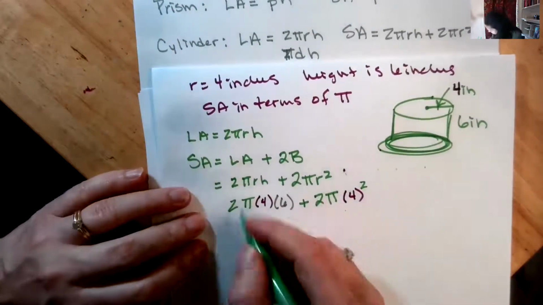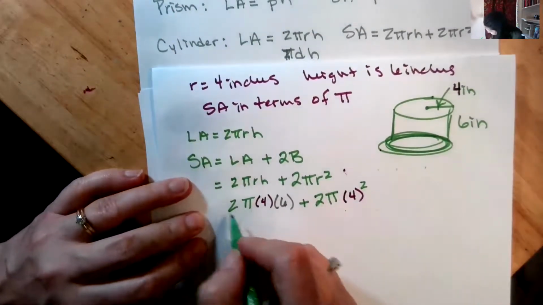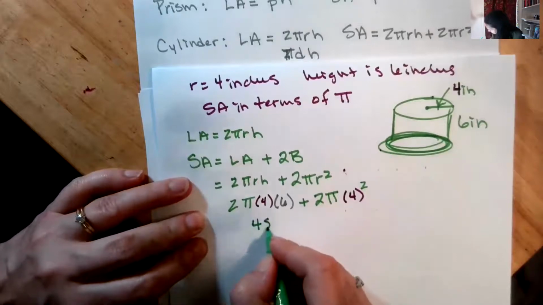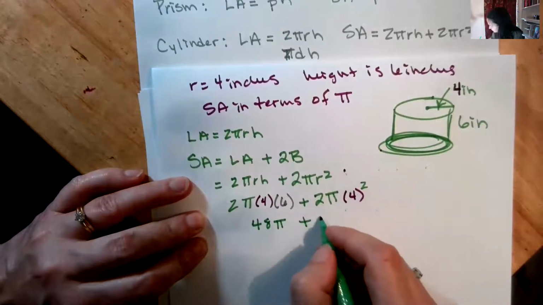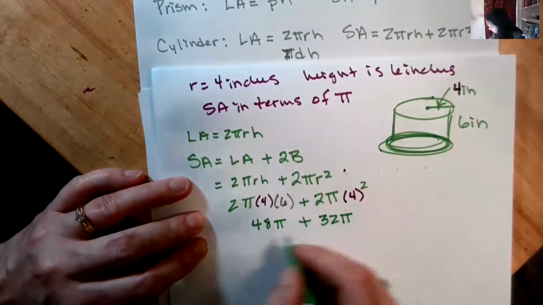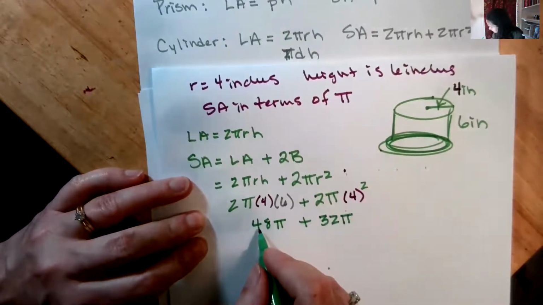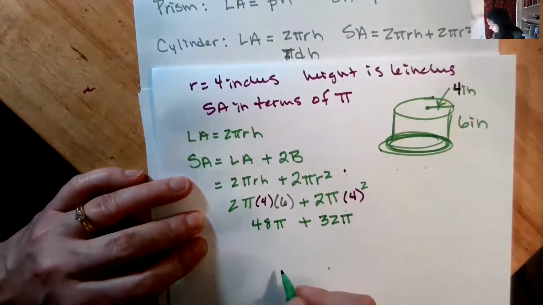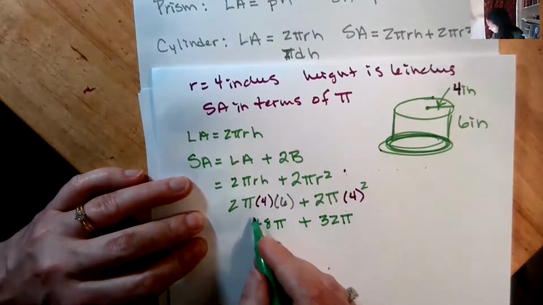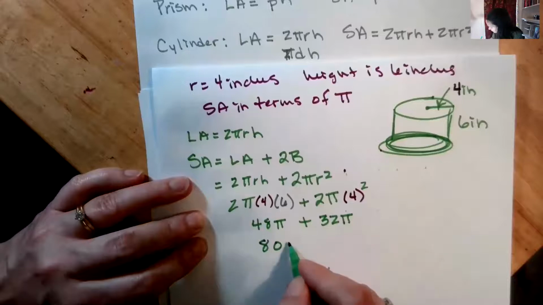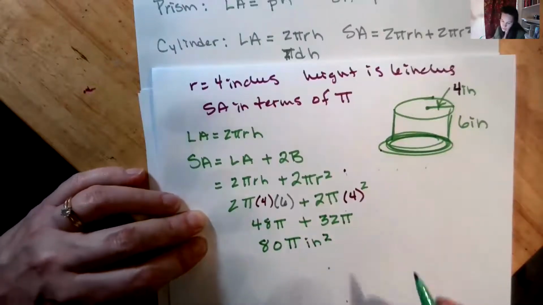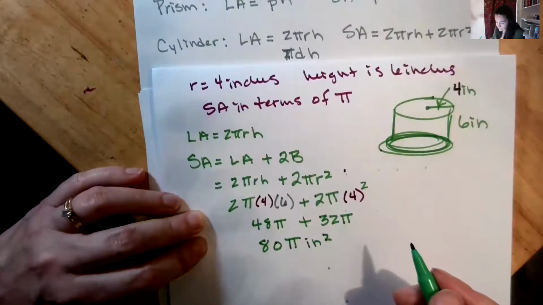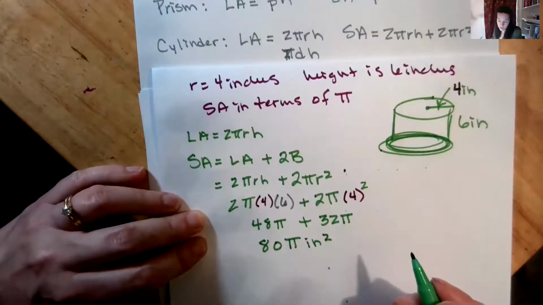Okay, working that out, I have 4 times 6 is 24 times 2 is 48 pi, plus 4 squared is 16 times 2. That's 32 pi. So then I have 48 plus 32 is 0, carry the 1. That is 80 pi. And this is inches squared. Okay, so that is finding the total surface area of a cylinder.